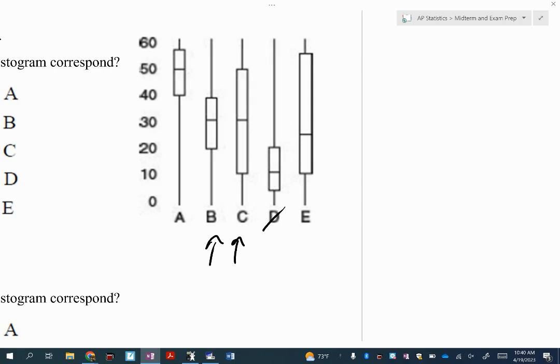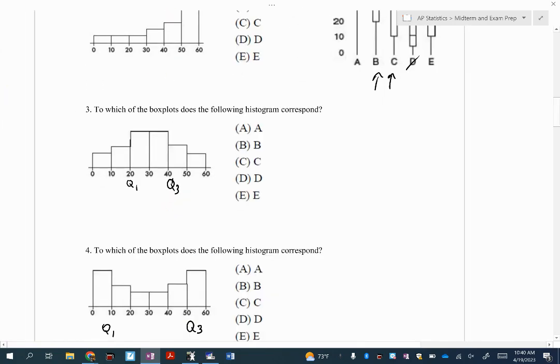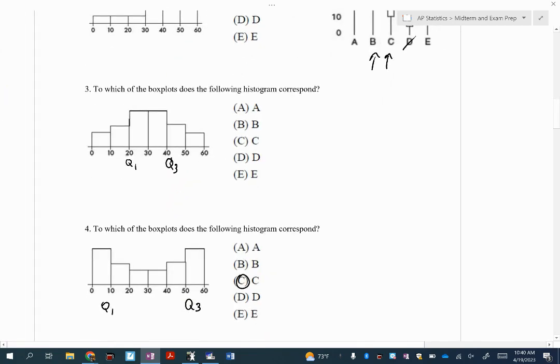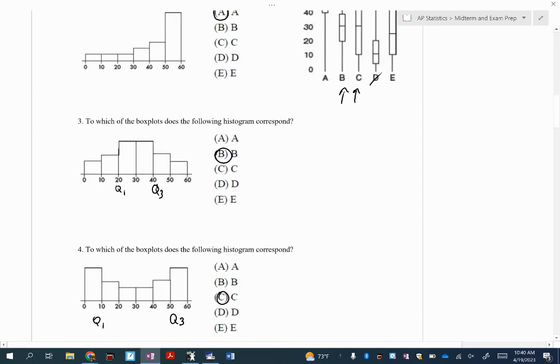They're a lot different, right? The length of this box in box plot C is much wider or much longer. So that's why I'm going to link up number 4 with C, because of that longer interquartile range. And the more narrow or shorter interquartile range is going to go at number 3.